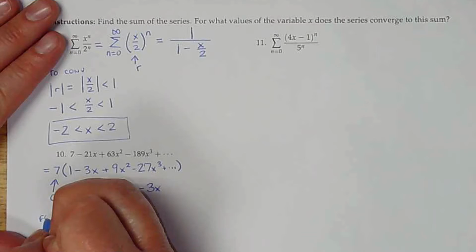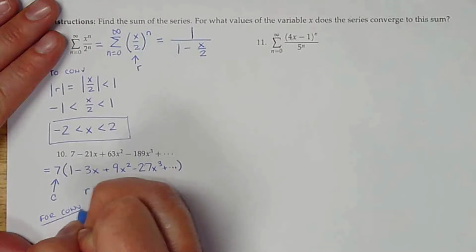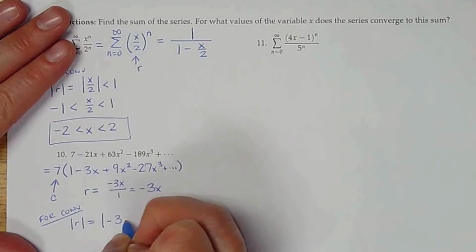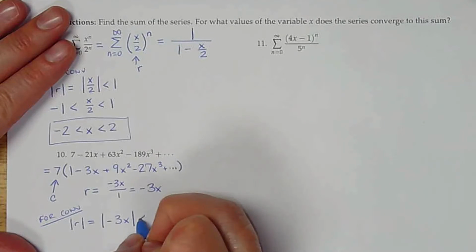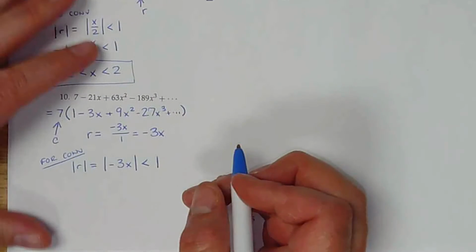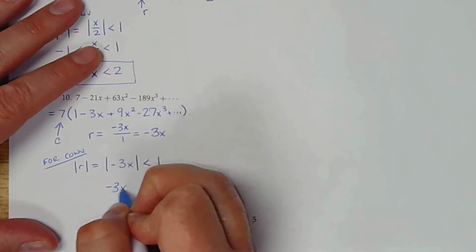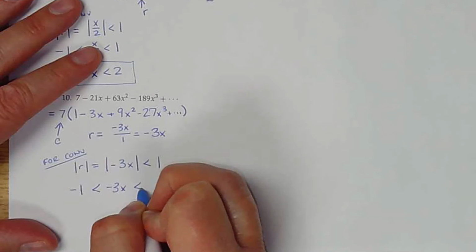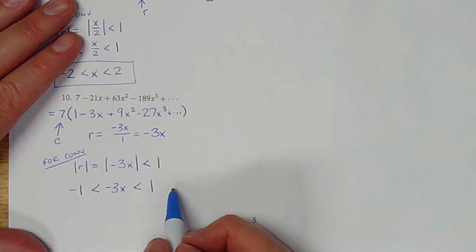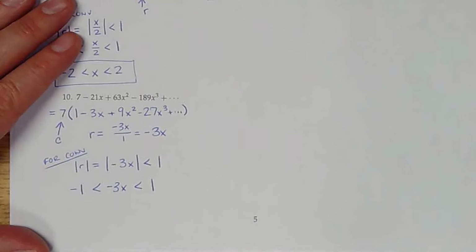And for convergence, I need the absolute value of r, which is equal to the absolute value of -3x, to be less than 1. So to solve that inequality, I'm going to do -3x is greater than -1 and less than +1. I'll divide through by -3 all the way through.